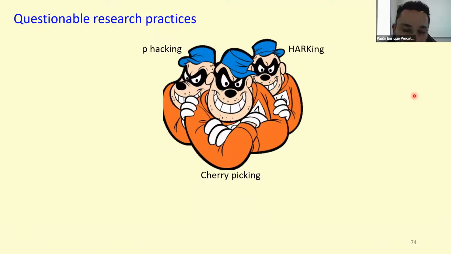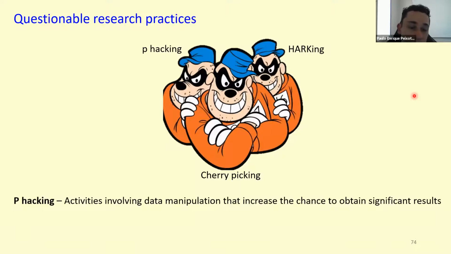I think that most of you already heard something about them, but in a very synthetic way, p-hacking represents activities involving data manipulation. Basically, it is related to the statistical analysis part of each article and involves some kind of manipulation that may increase the chance to obtain significant results.